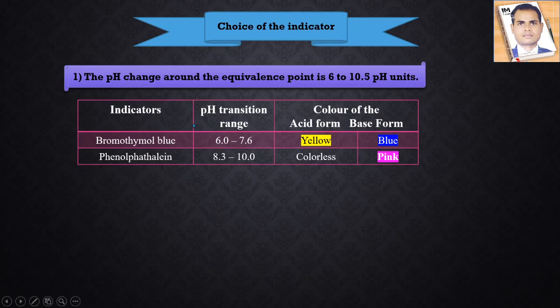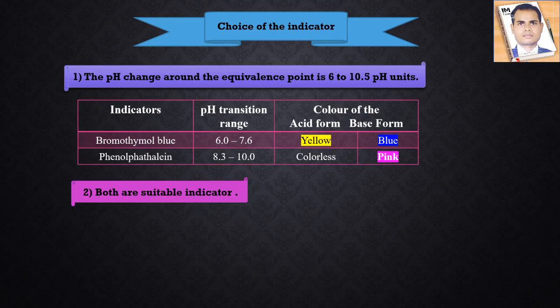Why have we taken only two indicators? Because the pH range is 6 to 10.5, and the pH transition range for bromothymol blue is 6 to 7.6, and for phenolphthalein it is 8.3 to 10. So both indicators are suitable for this kind of titration, but which one is the best we have to identify. That is the choice of indicator, because in one titration we can use only one indicator.